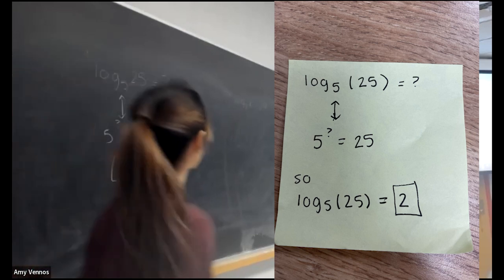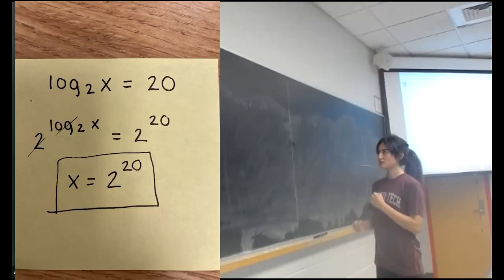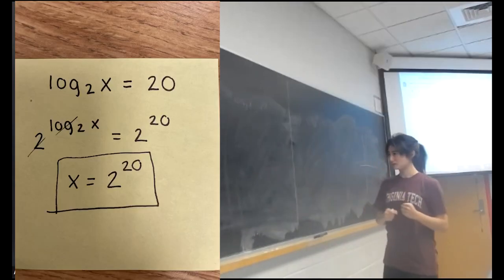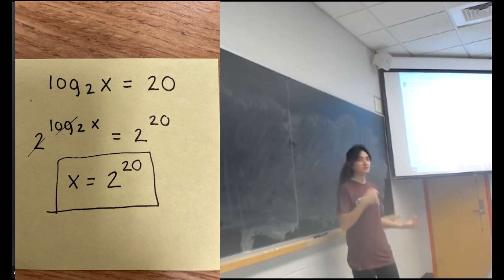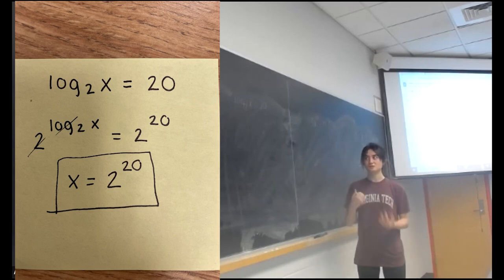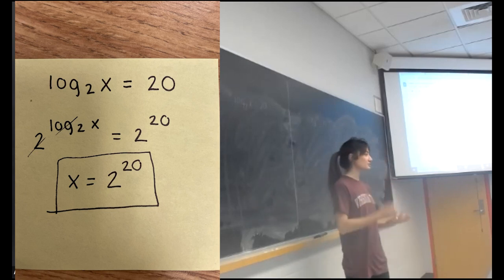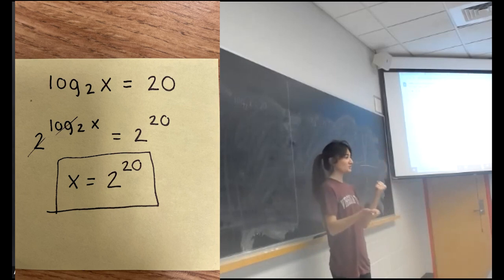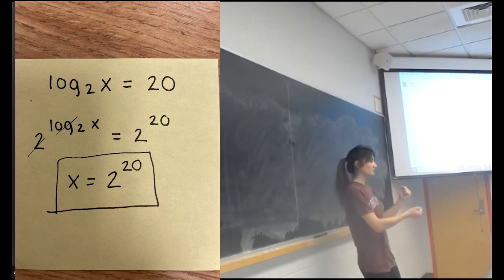Good. Okay. Let's take a look at this one. Log base 2 of x equals 20. This one is an example of an equation. We have to solve for x, and there's logarithms mixed in there. So now we have to work with inverse functions, just like addition and subtraction, multiplication and division, the cube and the cube root.